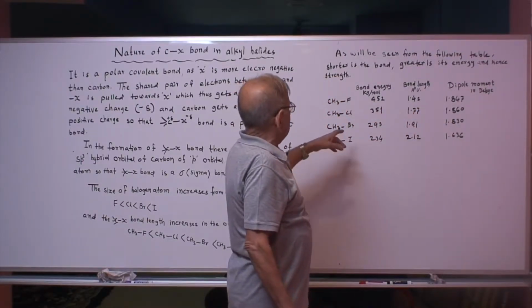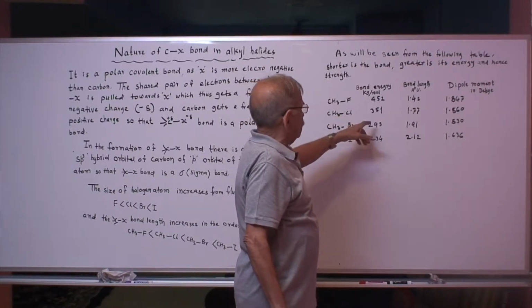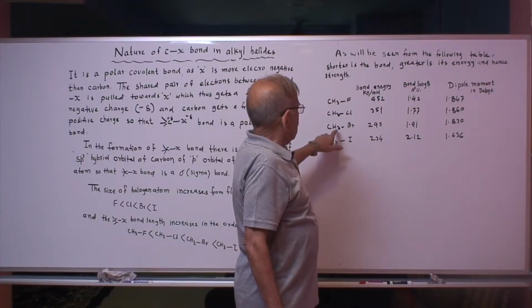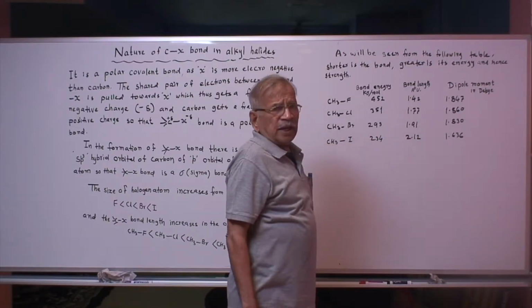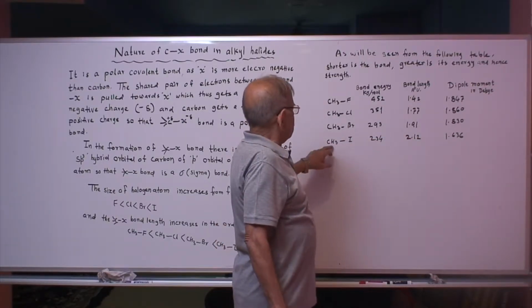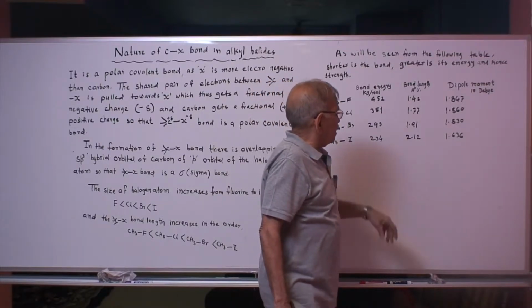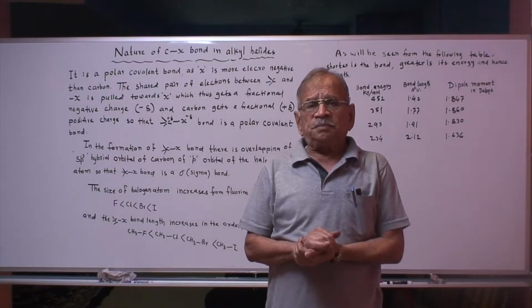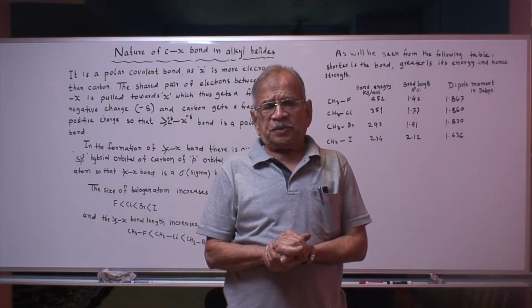What is the bond length of the CCl bond in methyl chloride? It is 1.77. What is the bond length of the CBr bond in methyl bromide? It is 1.91. And the CI bond length in CH3I is 2.12 angstrom units.